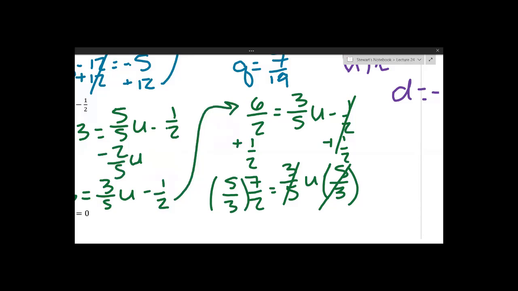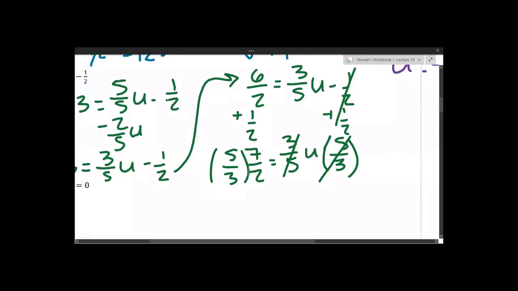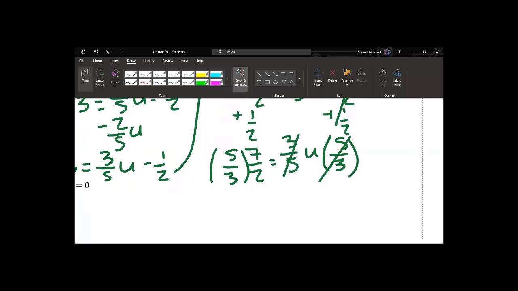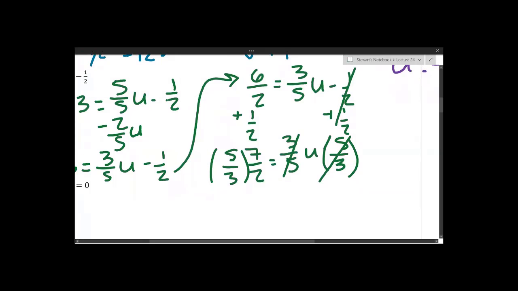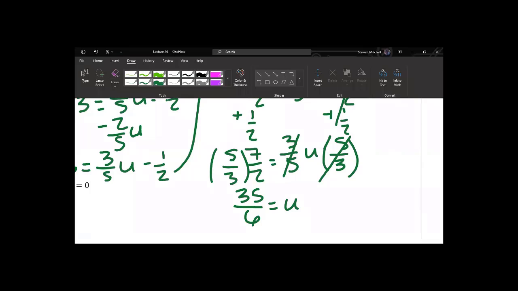Now we can't cross cancel here. There aren't very pretty numbers to work with, so nothing will cross cancel at all. So we can just multiply straight across. 5 times 7 is 35, and then 3 times 2 is 6. So we have 35 over 6 is equal to u. And now we solved for that variable.